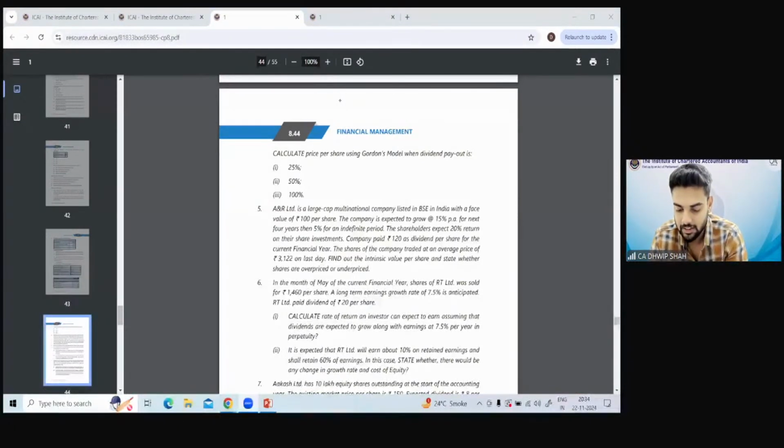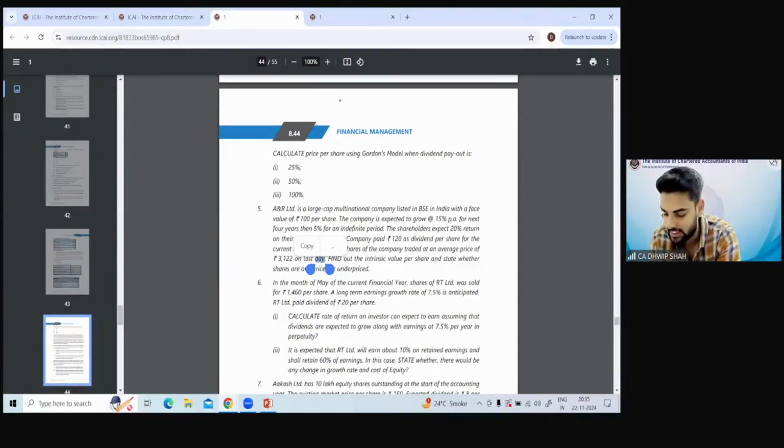Last day means the last day of this year, the current year, not at the end of the 5th year. Sorry, not the last day of the 1st year. Last day means the previous day, the price of one day before, just before the day when we are calculating this.